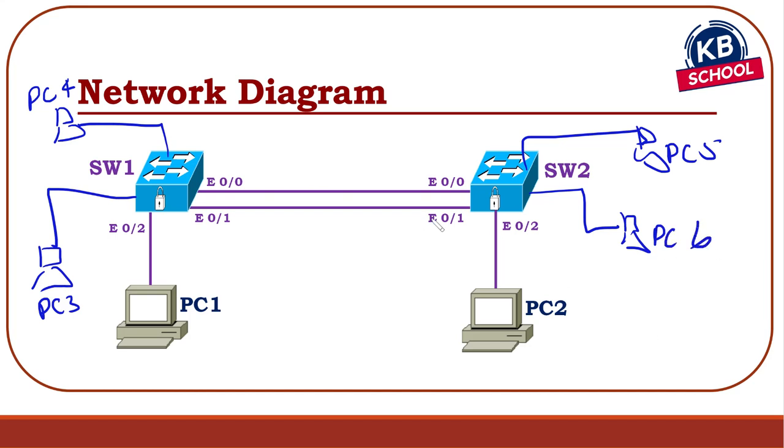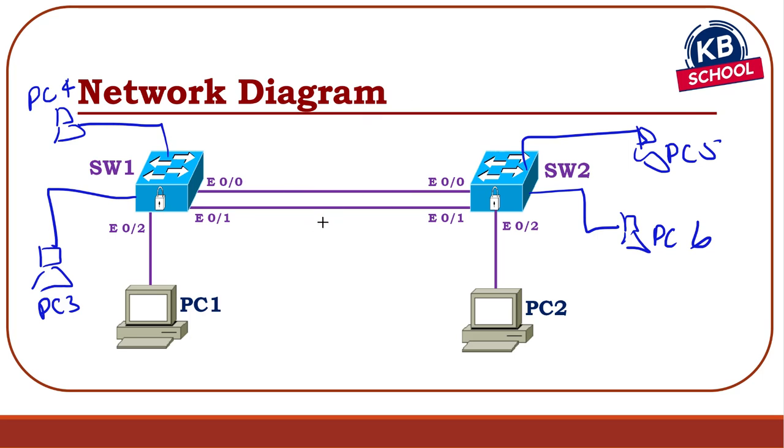Now what's happening is, if this link had gone down, I would just lose the communication to PC2. If this link goes down, I would just lose the communication to PC5. But if this link had gone down, I would have lost all the communication between all the devices on one side to the other. So it becomes imperative that you provide some type of redundancy between the two switches.